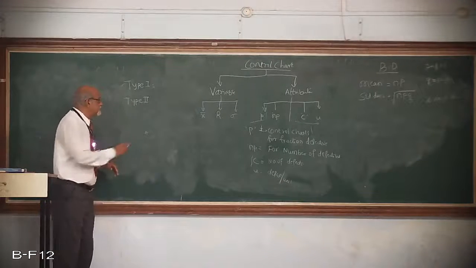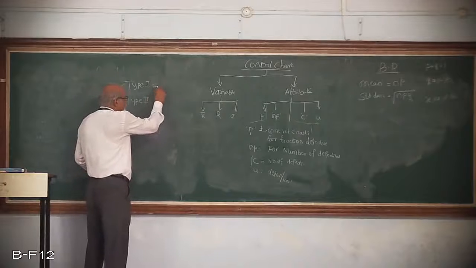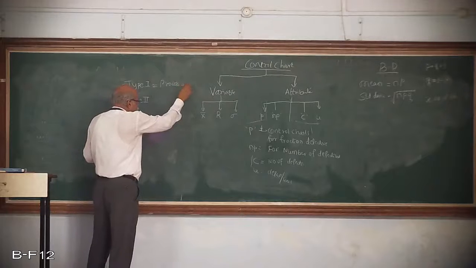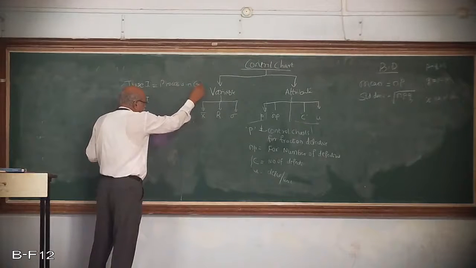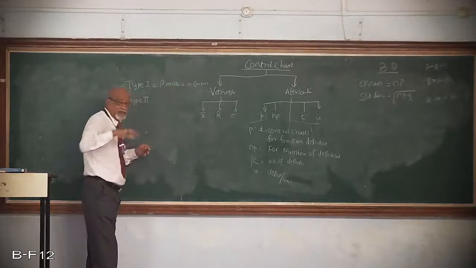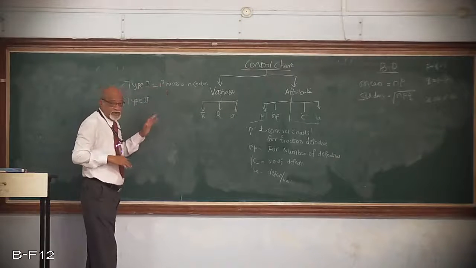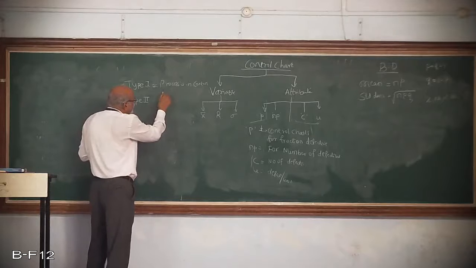That is called type 1 error. In reality, the process is in control, but based on the sample, we draw the conclusion that the process is out of control.